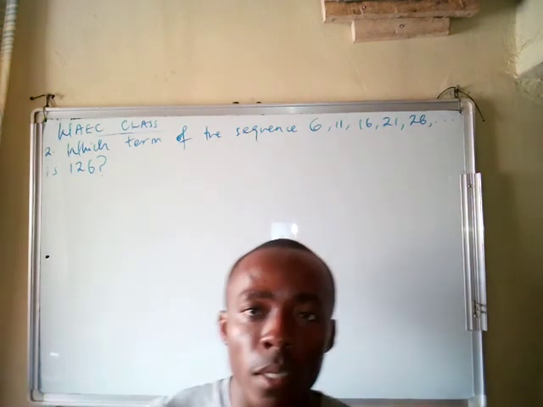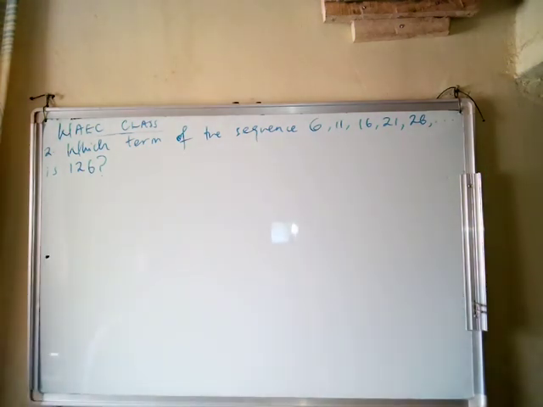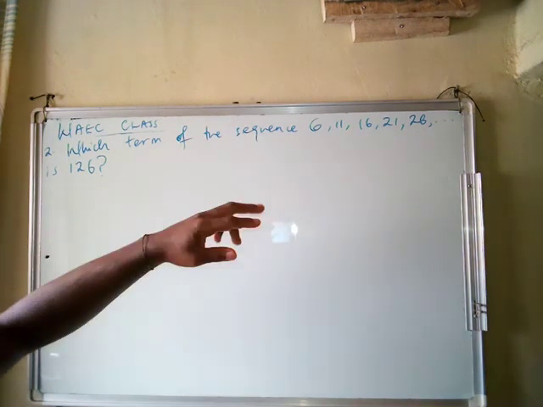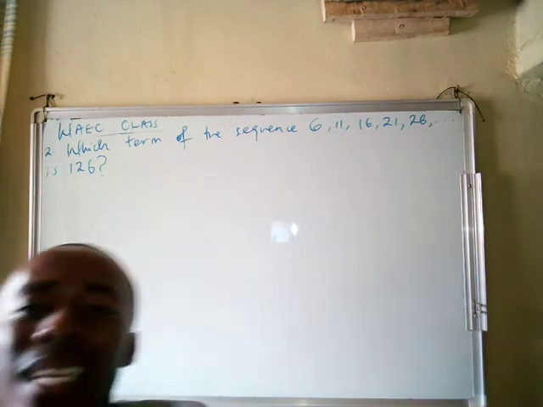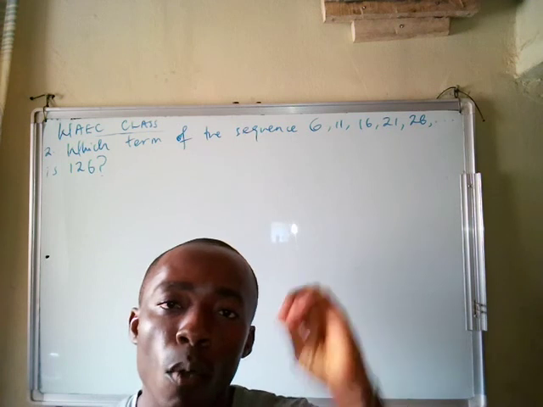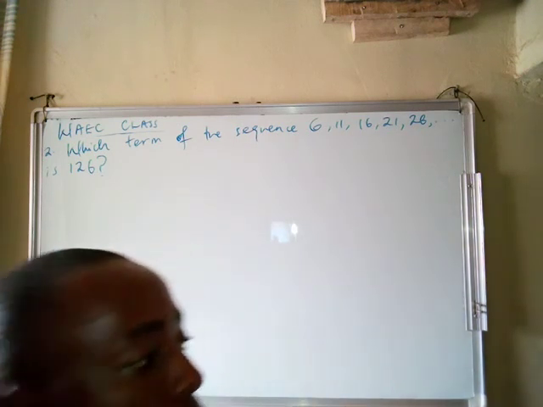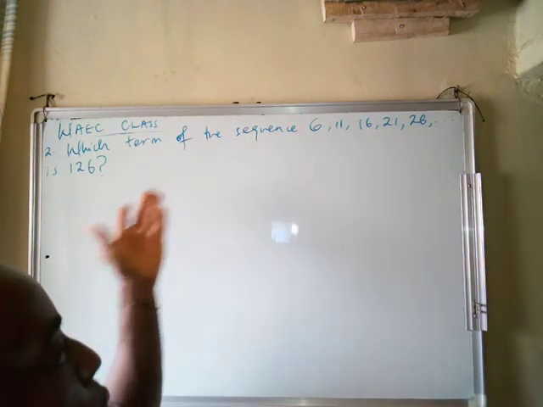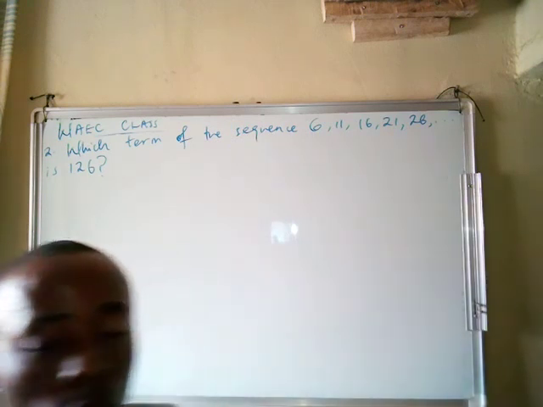So in this regard, they have already given us the number. They say which term of the sequence is 126. They've not told us the cardinal point or where it falls. They just said the number is 126. But look at the first, second, third, fourth, fifth terms.